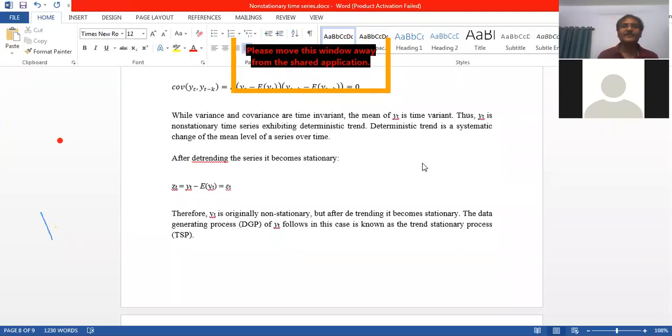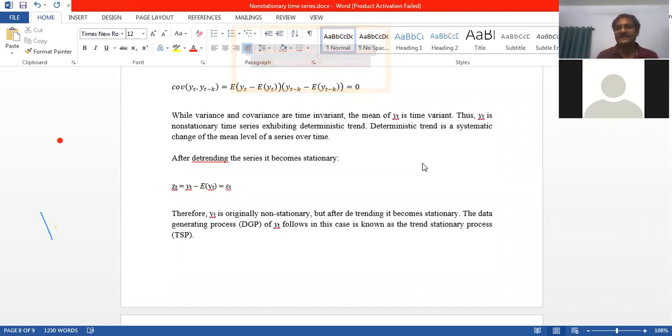Similarly, in another kind of non-stationarity, when there is no presence of unit root, we have another type that is called non-stationarity without unit root. Non-stationarity without unit root means, in this case, the series exhibits only deterministic trend.